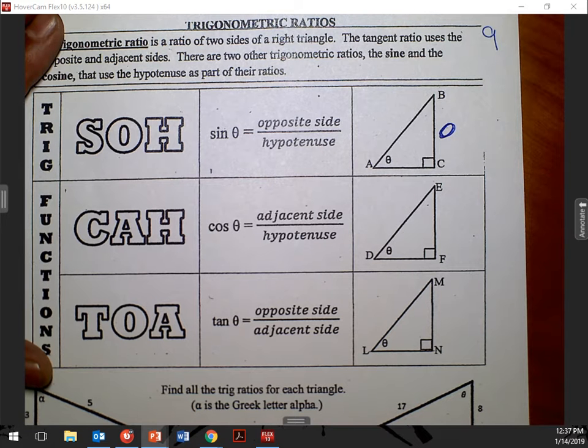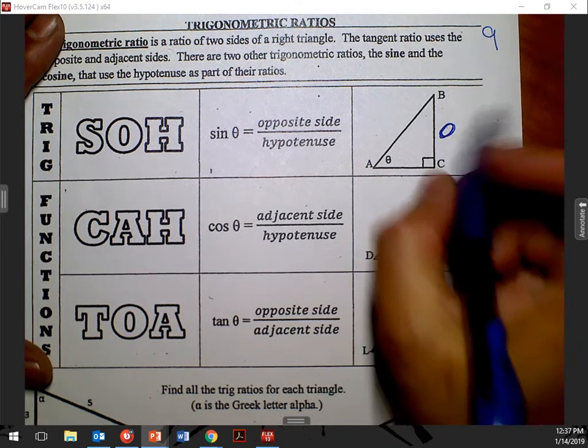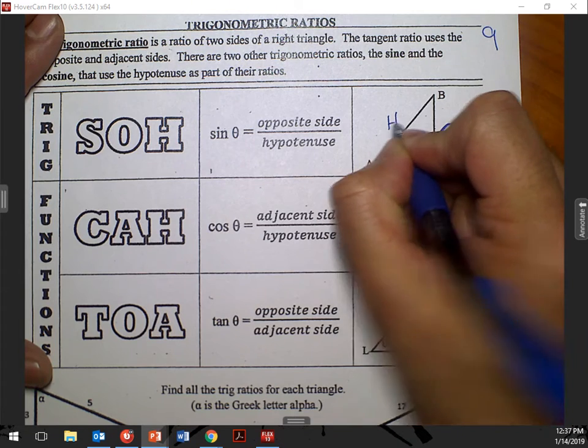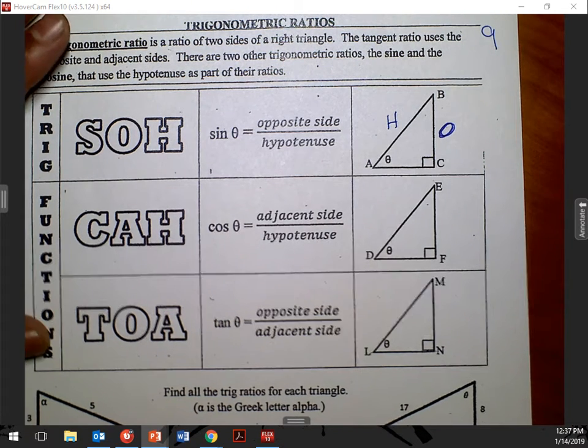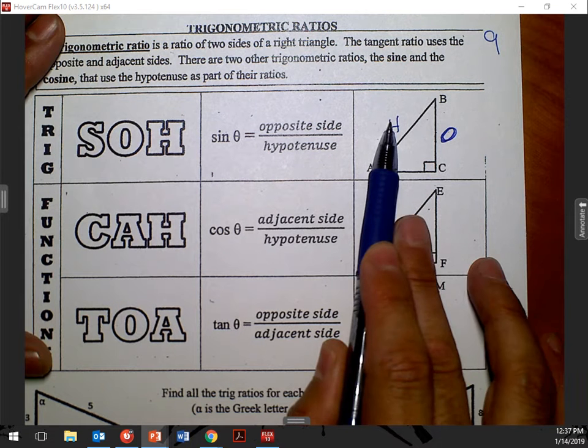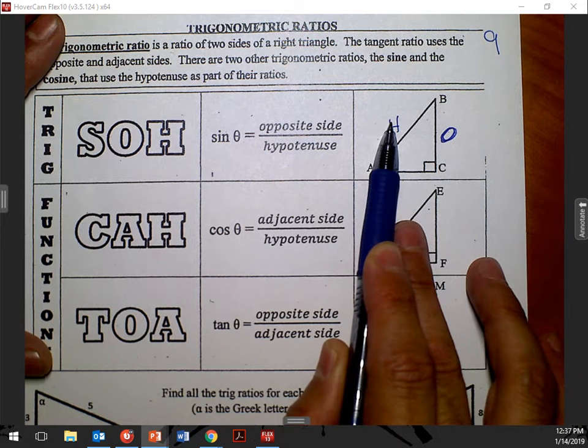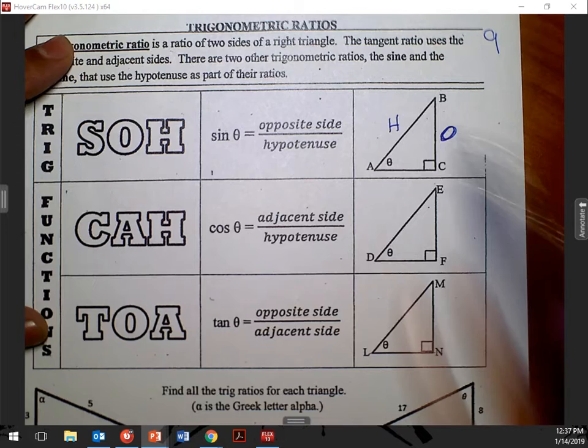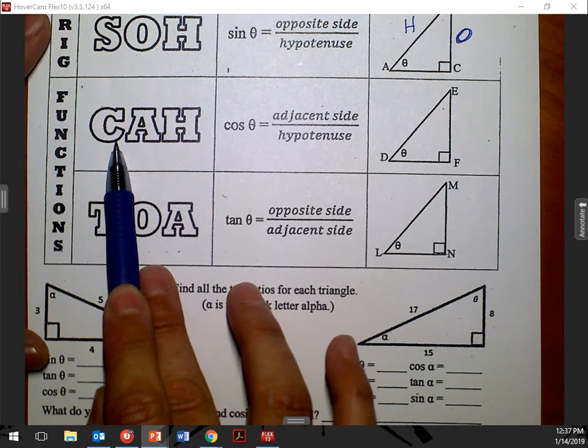And my hypotenuse is going to be AB. So I'm going to put an H right there. Sine is opposite over hypotenuse, so it would be whatever this value is over this value. Very good.